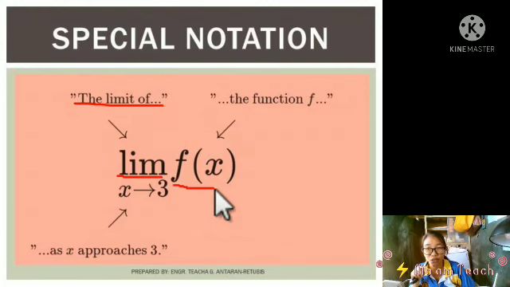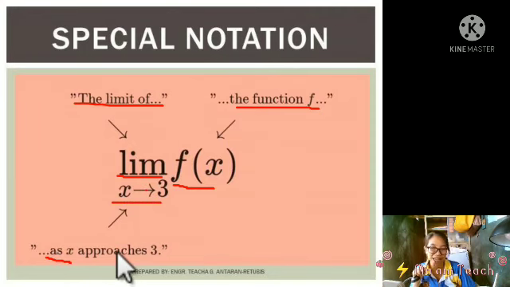So this is read as the limit of, and then your function. It could be f of x, or g of x, or h of x, any letter, in any given function. In this case, you are given f of x, and you read this as x approaches 3. The arrow indicates that it only approaches, or is getting closer to, that value.